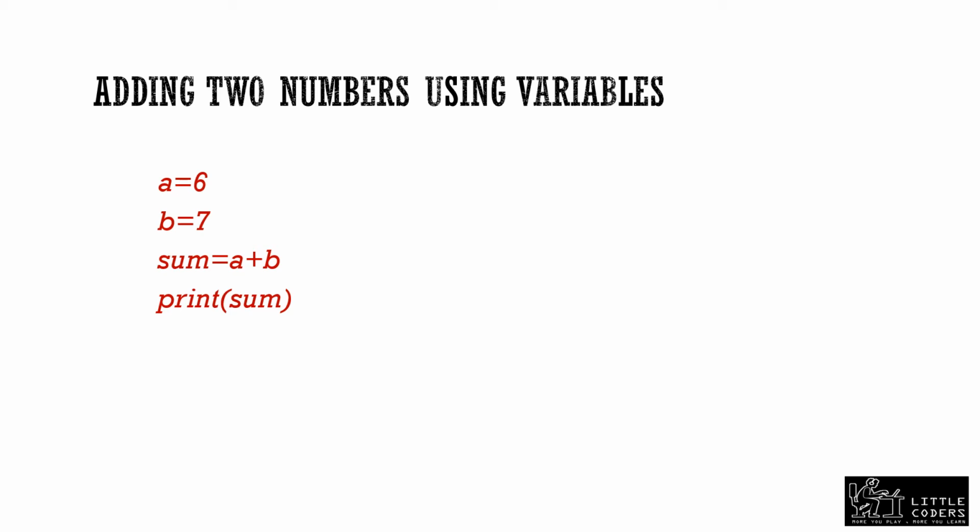The only thing is that each variable or constant should be separated from the other by an arithmetic symbol. That is why the right hand side is called an expression. The left hand side is called a variable name, and the result of this expression is stored in the variable name shown on the left hand side.